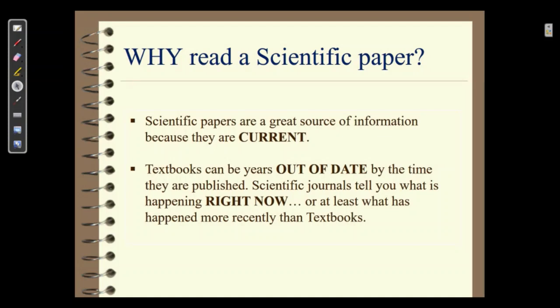As we know, if you are reading textbooks, most of the textbooks are out of date, and on the other hand, scientific journals and scientific articles are very current, and they are discussing current issues. In comparison, scientific articles are very recent work compared to the textbooks.